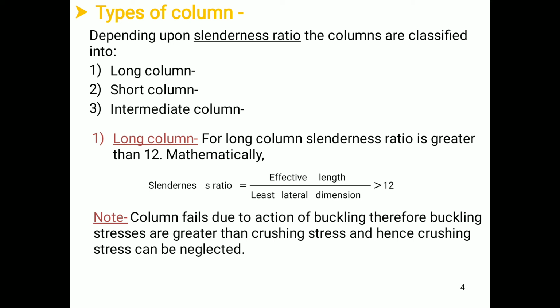So we can neglect the crushing stresses while solving numericals. Remember that for a long column the buckling stresses are always greater than the crushing stresses.